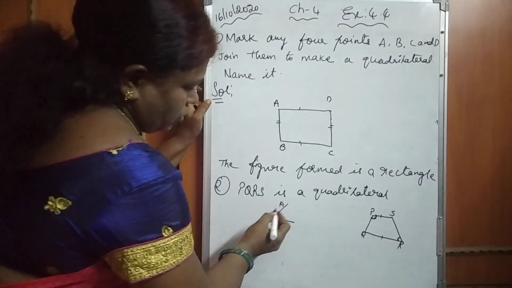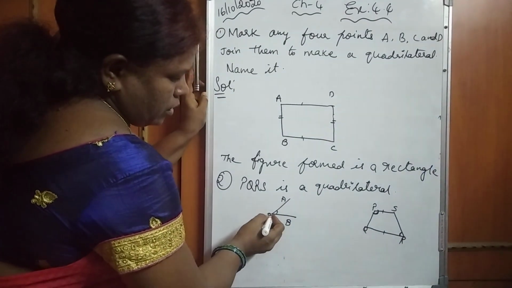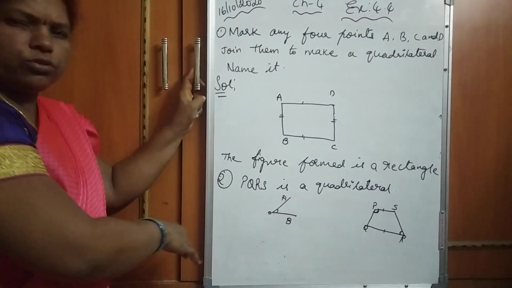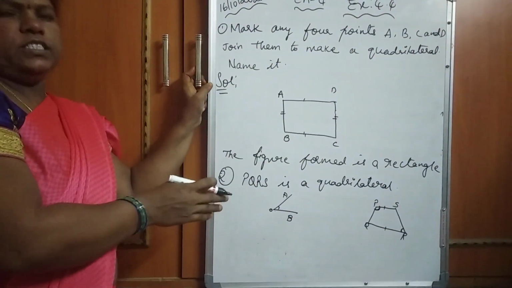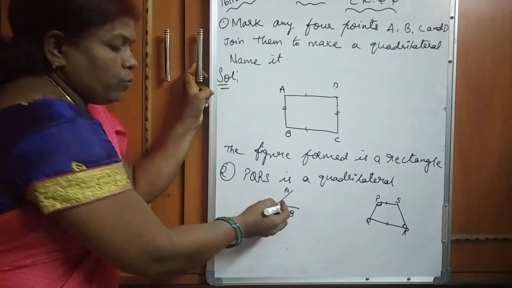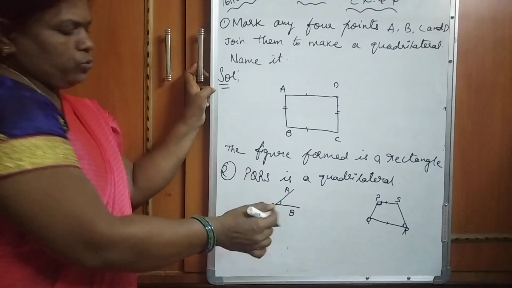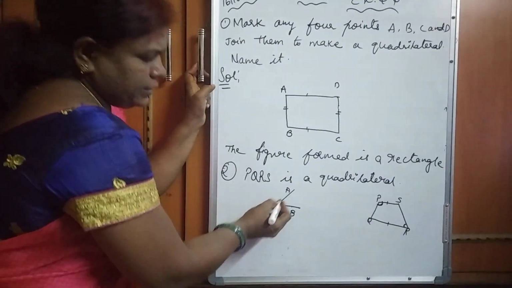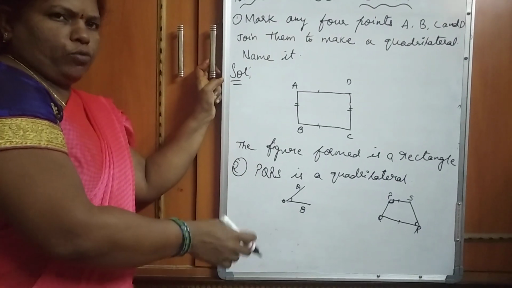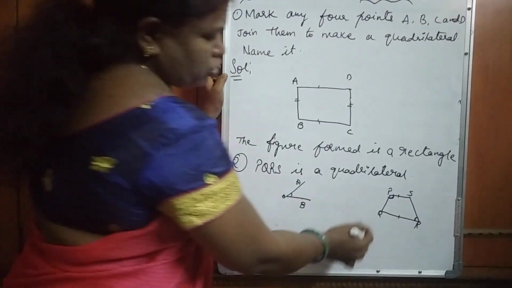In this AOB, OA is adjacent to OB, which is next to that. Adjacent means like who is sitting to you means what do you say? The one who is sitting beside you, next to you. So OB is adjacent to OA or OA is adjacent to OB. The side attached to that.